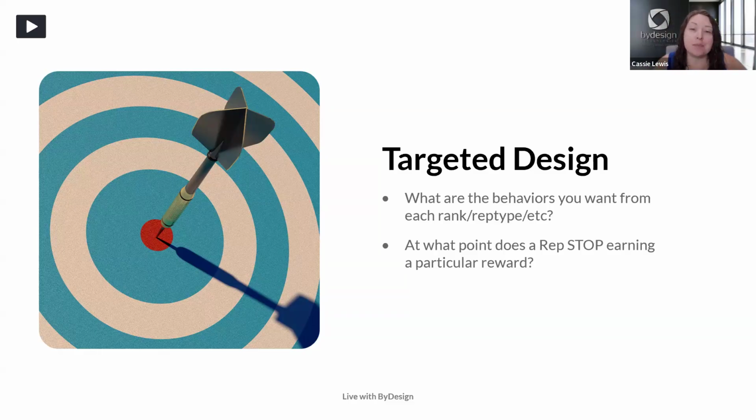Okay? So you have to be okay telling a leader, at this point in your career, you're no longer going to earn the same bonuses that you earned when you were a rep. Now you're going to replace those earning opportunities with new and hopefully more lucrative for them earning opportunities.